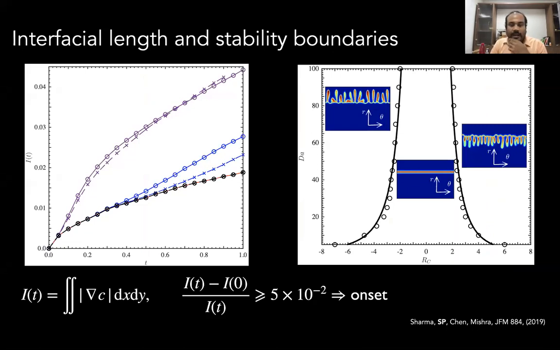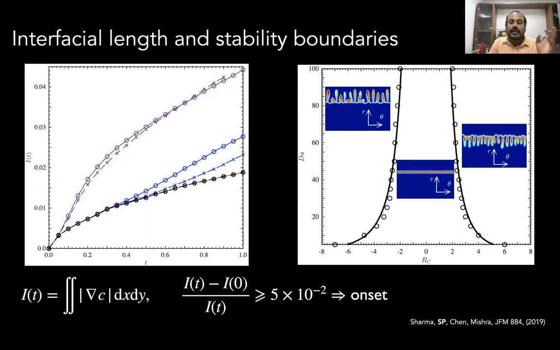Then, to quantify it more, we define something called the interfacial length, defined as this integral quantity. Whenever there is a finger, the interfacial length will deviate from the diffusive interfacial length. Otherwise, it will be the diffusive interfacial length, which is proportional to the square root of t.